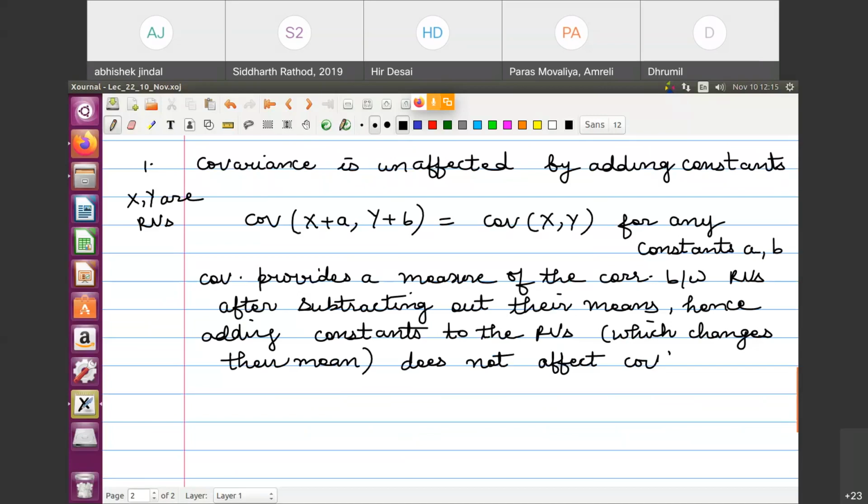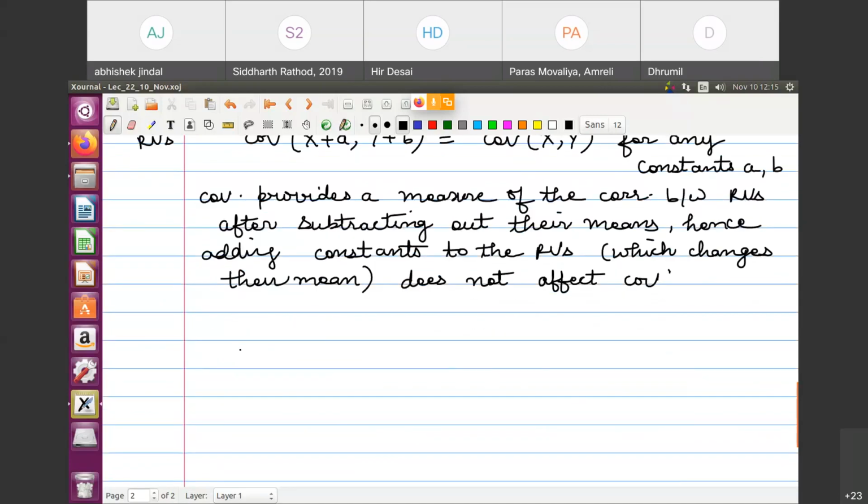Now, one use of the above property. Where will we use it?